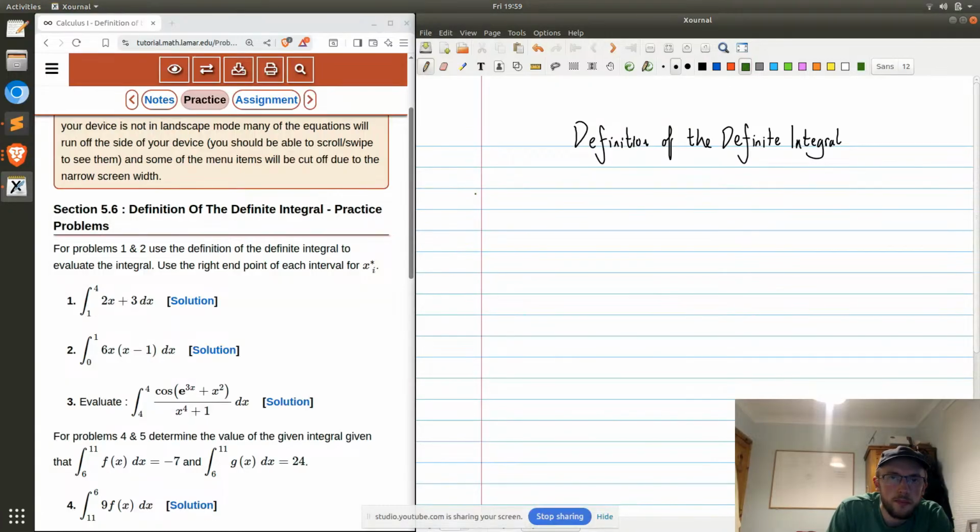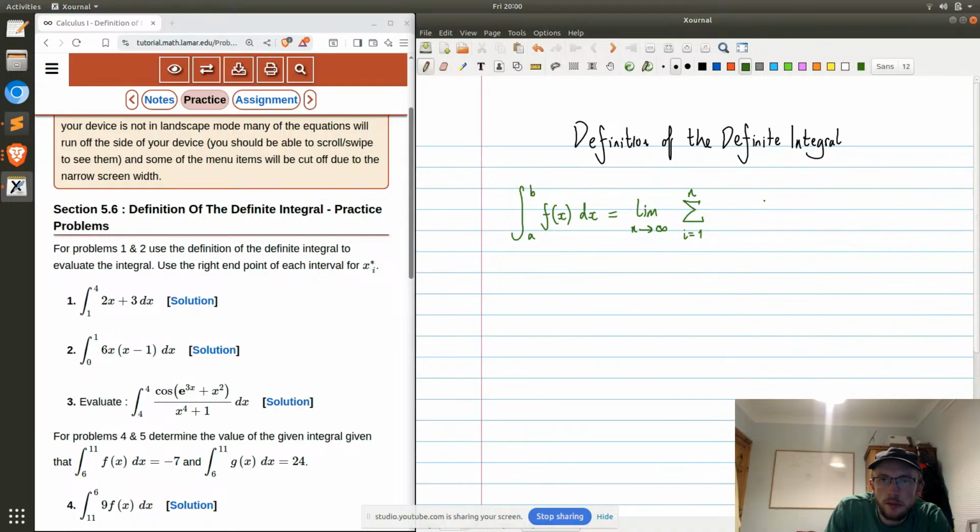Okay, so I need to try to recall what the definition of the definite integral actually is. So I believe that it's this. And then we multiply the function by the width of the little tiny subintervals.